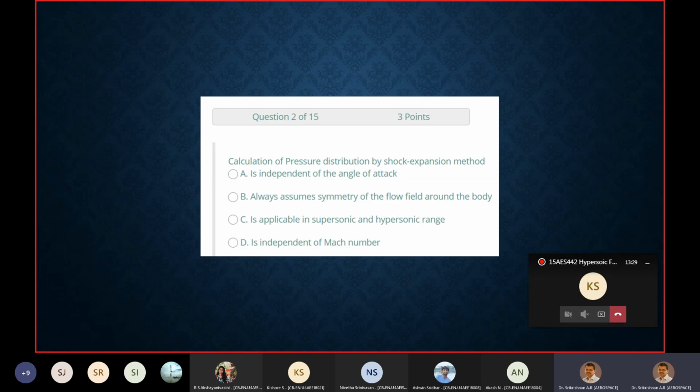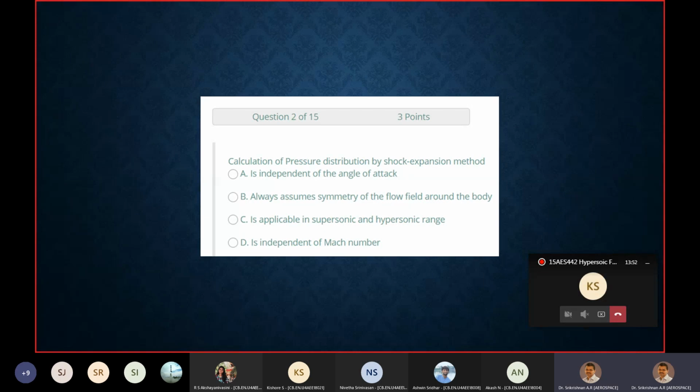Only thing we should be careful about is where we are taking shock and where we are taking expansion, because the response of the flow will be different on the two sides. So when you have an angle of attack, the flow is going to be asymmetric, but despite that, the method is still applicable. Okay.